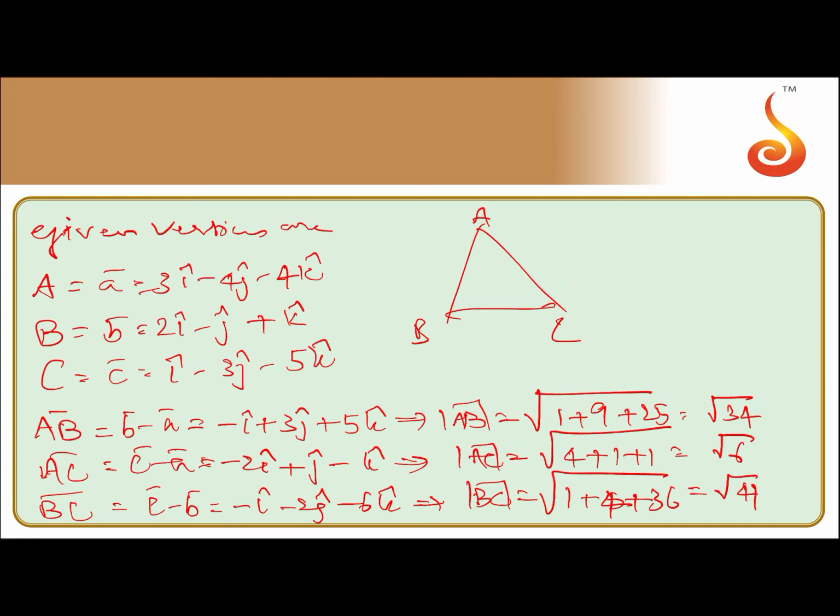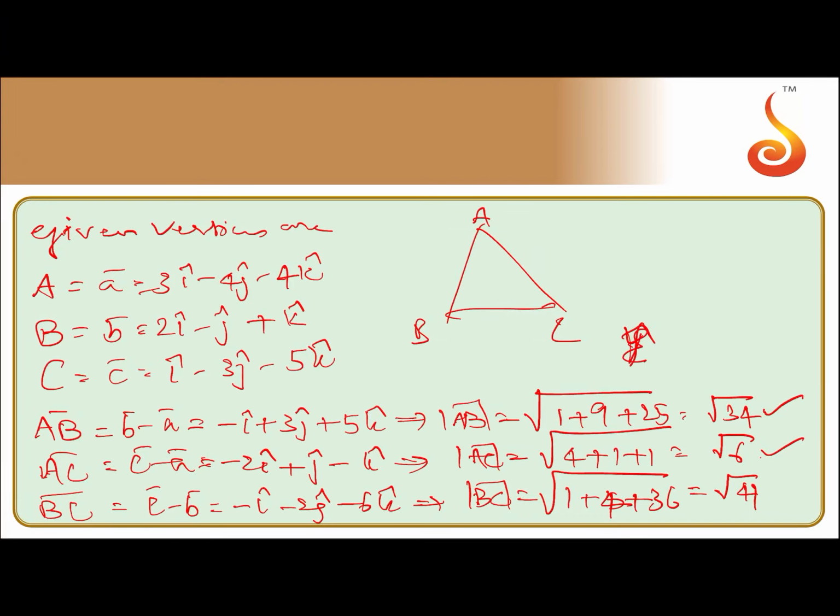Wow, it's clear that the sum of squares of these two is equal to BC square. So AB square plus AC square is equal to BC square.